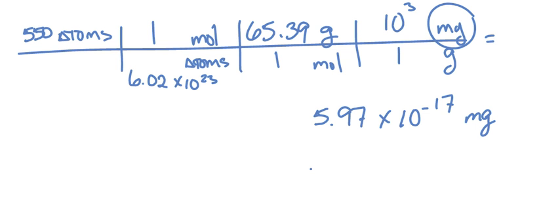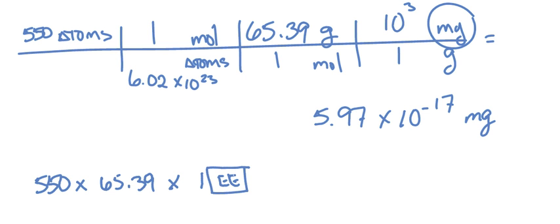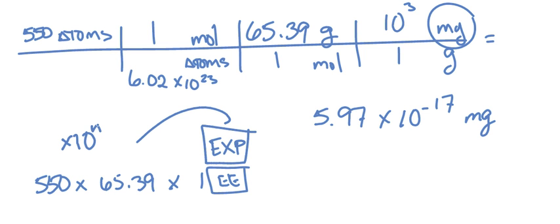If you did, here's how you would type it in on your calculator. It'd be 550 times 65.39 times 1. I love using the EE button if you have a Texas Instruments calculator, or the EXP button if you have a Casio. These two buttons are times 10 to whatever number you type in next, so EXP and EE are times 10 to the n power.